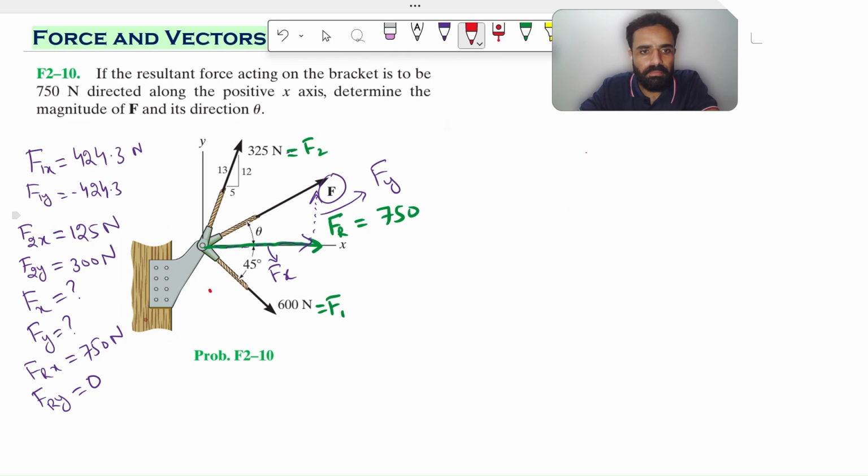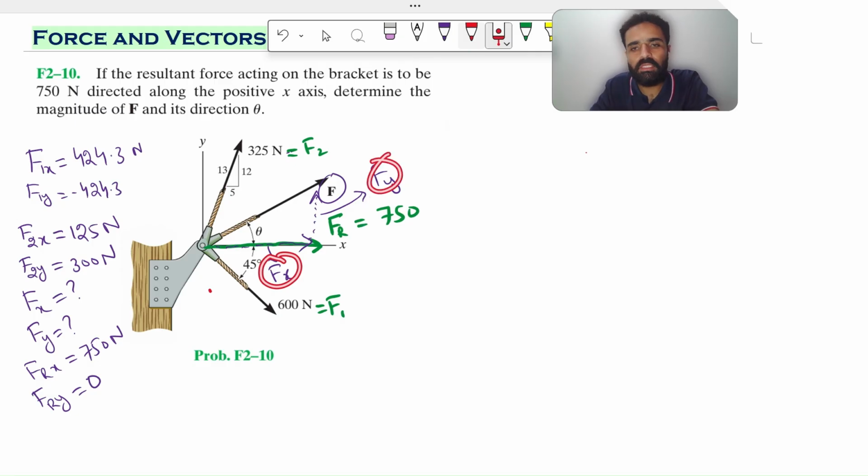I mentioned all the information as I calculated, and we need to find Fx and Fy, the components of this unknown force. The x component is acting to the right, and the y component is acting upward on the y-axis.